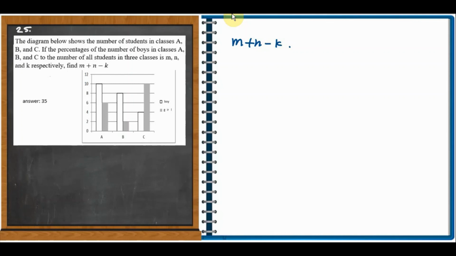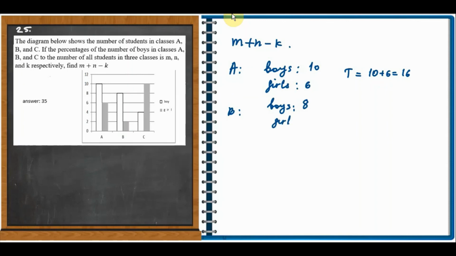Look at the graph. In class A, the number of boys is 10 and the number of girls is 6. Now the total will be 10 plus 6, which is 16. Now in class B, how many boys? 8, and girls are 2.